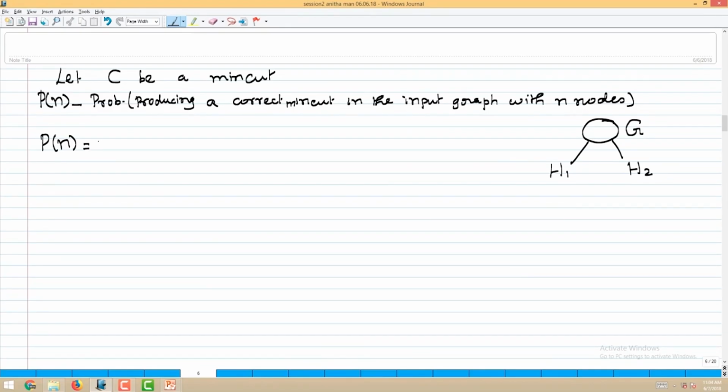So, probability of, this is one possibility, C survives in H1 and H1 finally produces the correct answer.